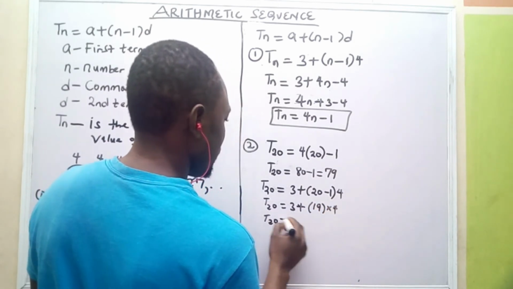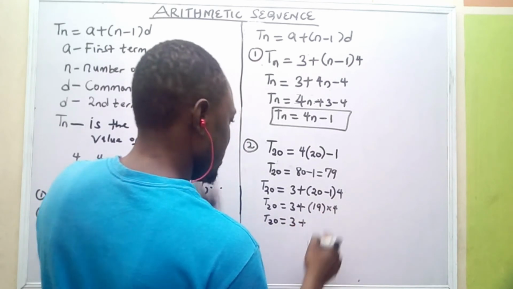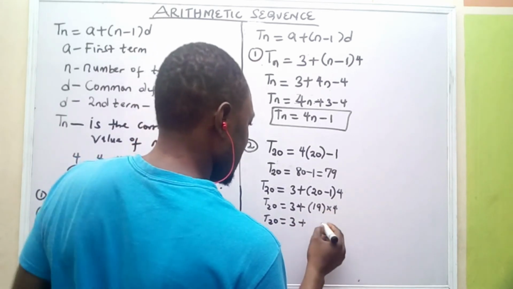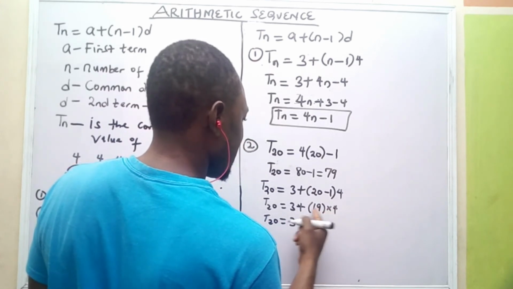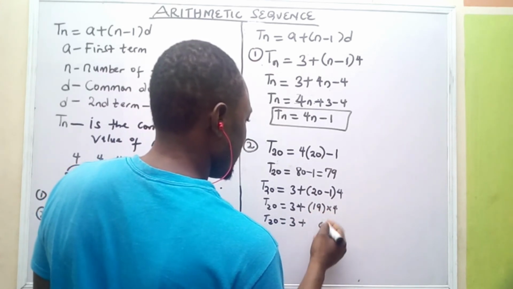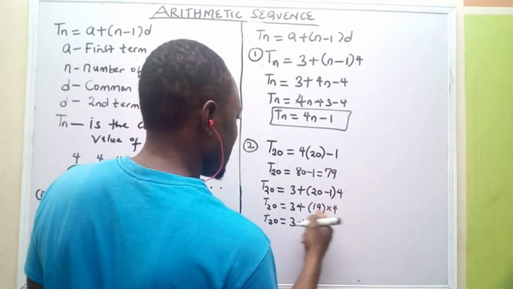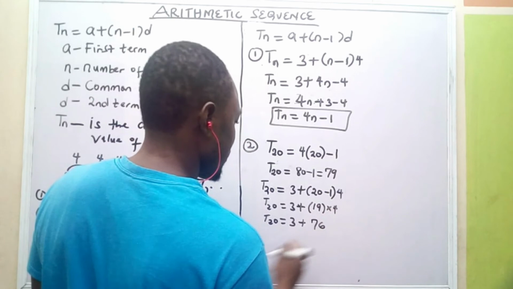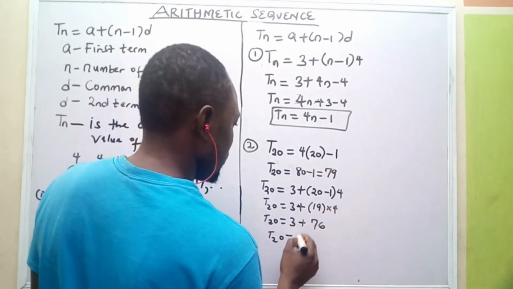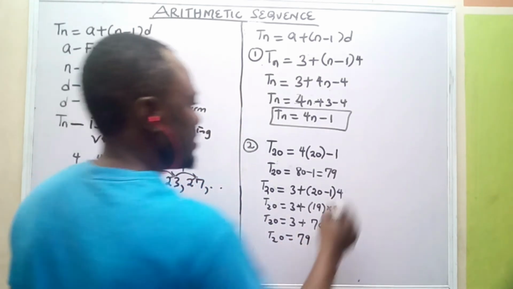So if I do that, 19 times 4 is 76, and 76 plus 3, T20 will be 79.